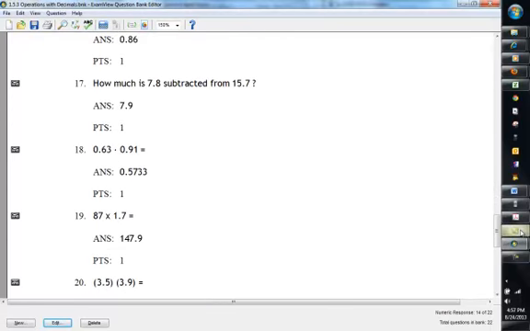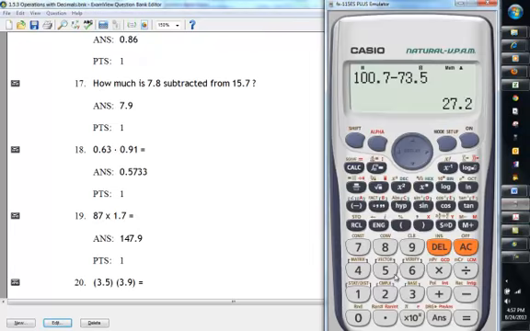Next one, number 17 here. Subtracted from, so it's 15.7. If you see the from, that's a switch order word. Subtract 7.8 and we get 7.9.